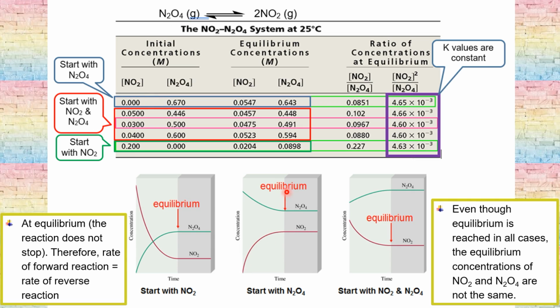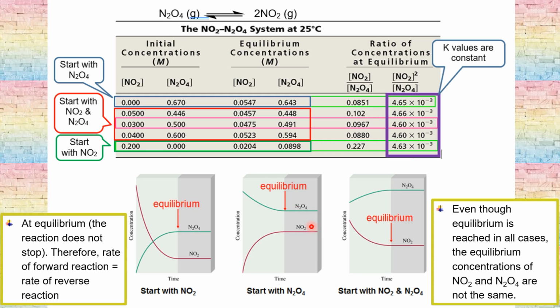At this time T, when equilibrium is reached, the concentration of N2O4 becomes 0.643 and the concentration of NO2 becomes 0.0547. When the reaction continues, the concentrations of NO2 and N2O4 remain unchanged, they become constant.